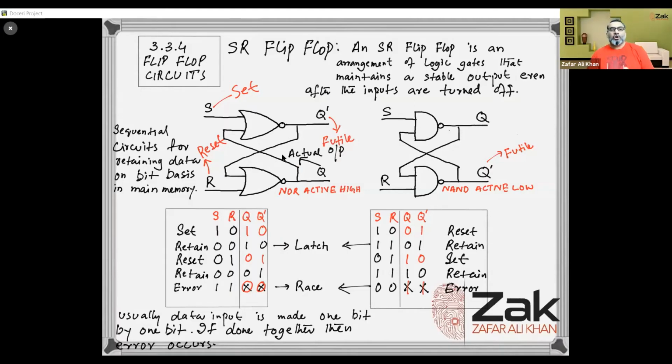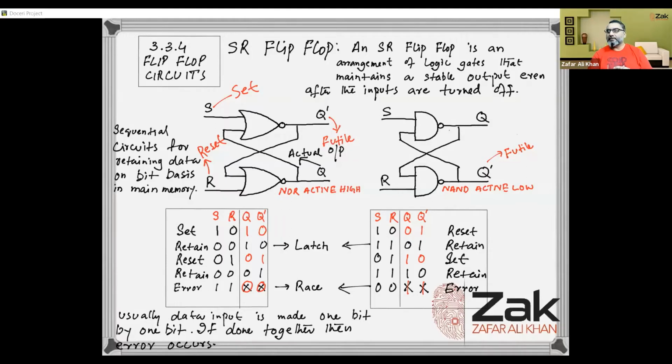So the data is being trapped inside the circuit in a loop, and it is being retained until this value is changed. Only once you change this value or this value, then the data may be changed inside the trapped loop of the circuit, or it can be retained.